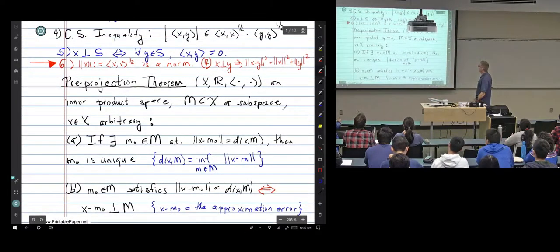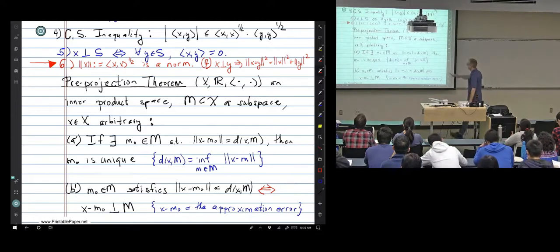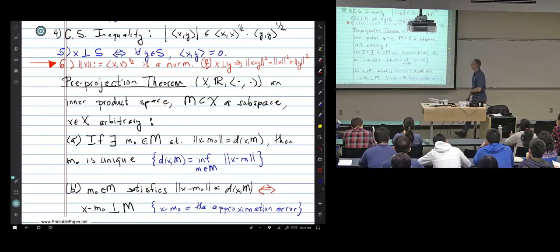So here's something we call the Preprojection Theorem, and I'll point out what it's missing in a second to get the full projection theorem. So here we're dealing with a real inner product space, so we're dropping the complexes. And this is talking about finding approximations to points.